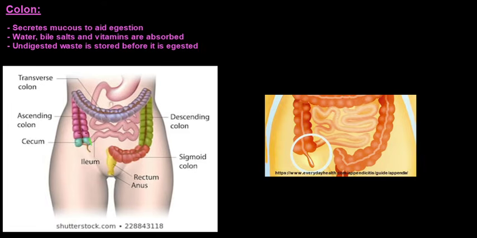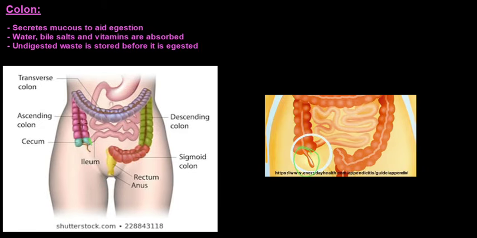And then part of the cecum is also an appendage that is attached to it, and that is called the appendix. I'm sure most of you have heard of the appendix, so we'll get back to that in just a bit.